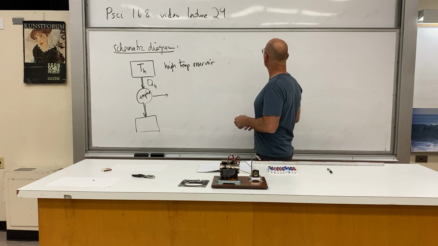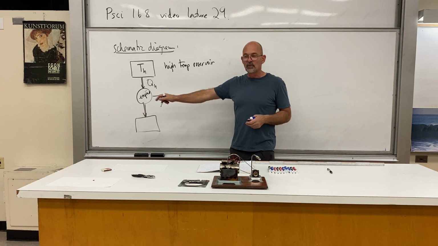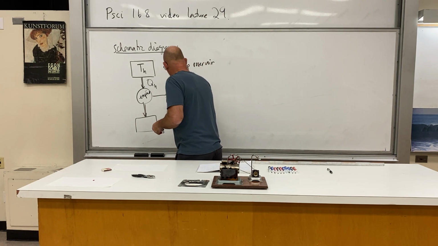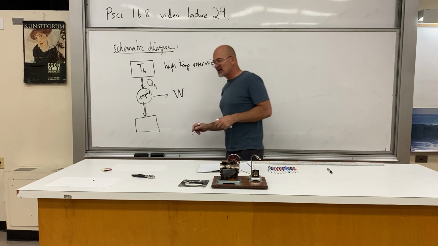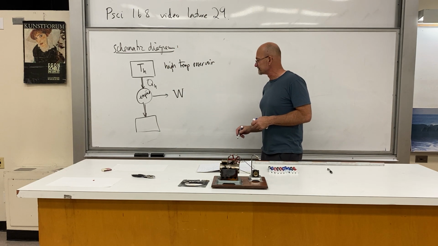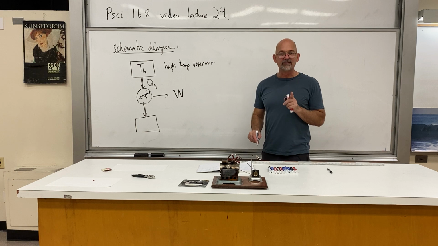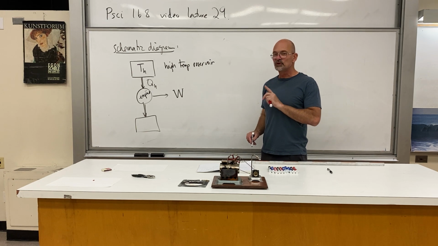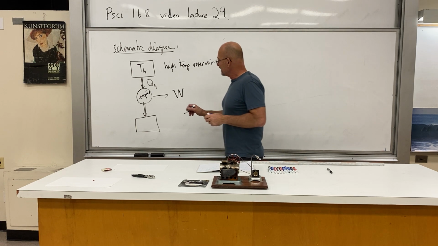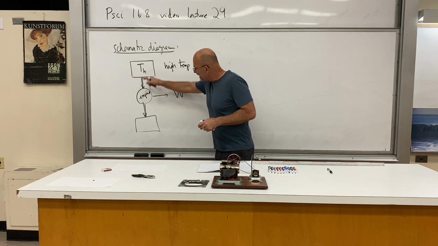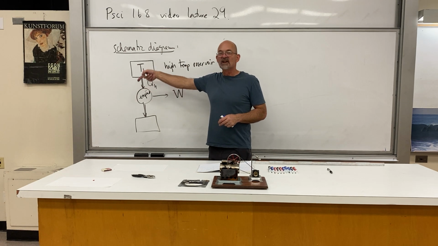And as I just had up on the board, the engine delivers some work. So it delivers some work, and that could also be measured in joules. Okay. But as we saw in both of our examples, and this holds true in all examples, you can't have a cycling engine unless you have some exhaust.